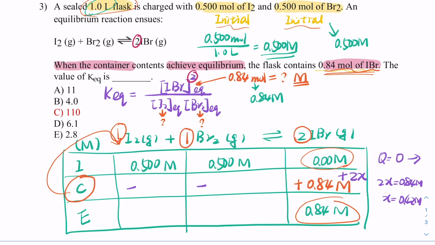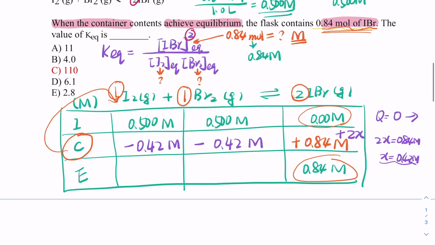The products go by the coefficient ratio, 2x, and this will be negative x and negative x. I'll just use the value of x, so that'll be 0.42 molar, what we just calculated.